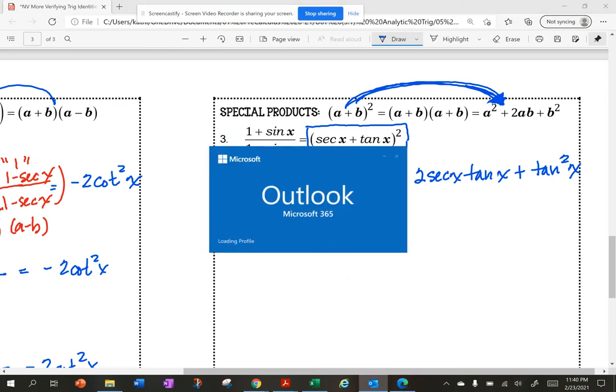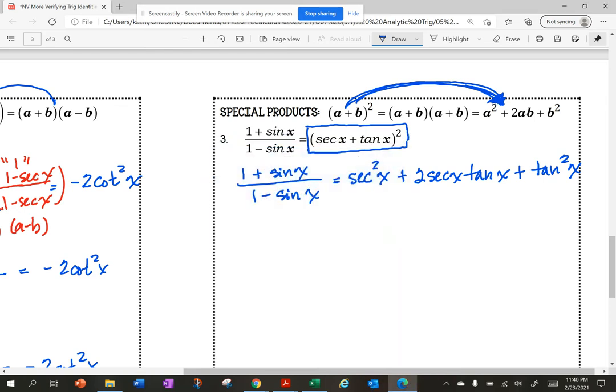So I have 1 plus sine of x over 1 minus sine of x. And secant squared is 1 over cosine squared of x, plus 2. And secant is 1 over cosine, so this is cosine of x.